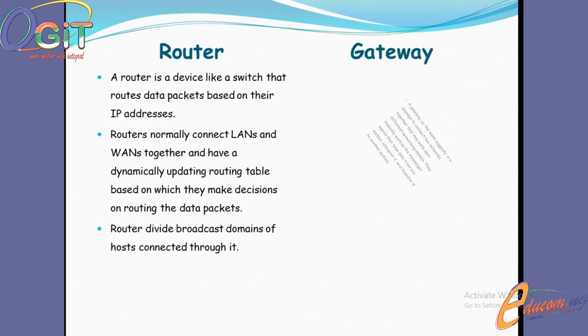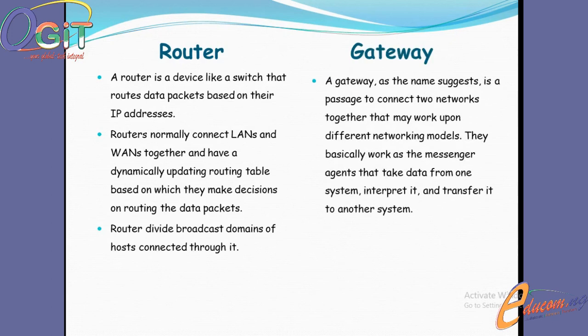We move to the gateway. A gateway, as its name suggests, is a passage to connect two networks together that may work upon different networking models. They basically work as messenger agents that take data from one system, interpret it, and transfer it to another system.